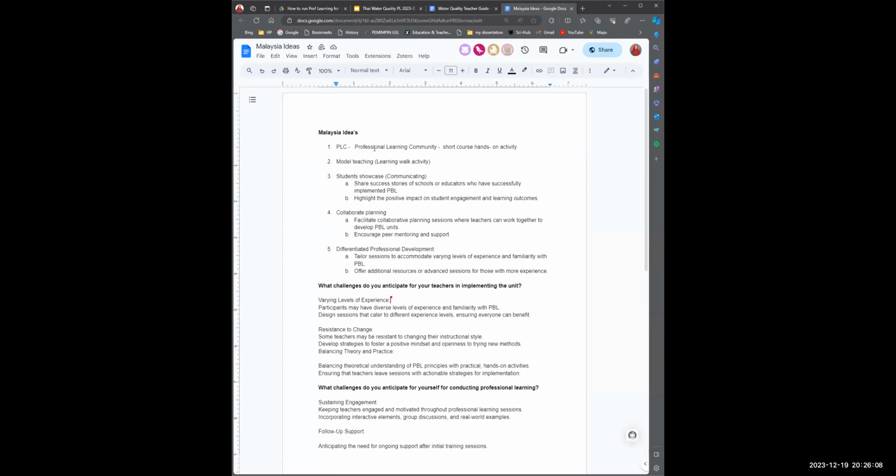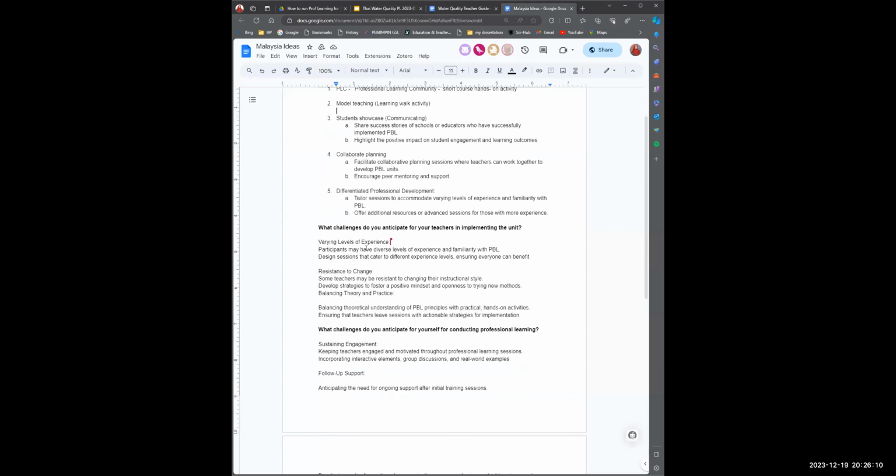And then we also plan to conduct a student showcase to show success stories among students, educators from other schools that have implemented PBL.